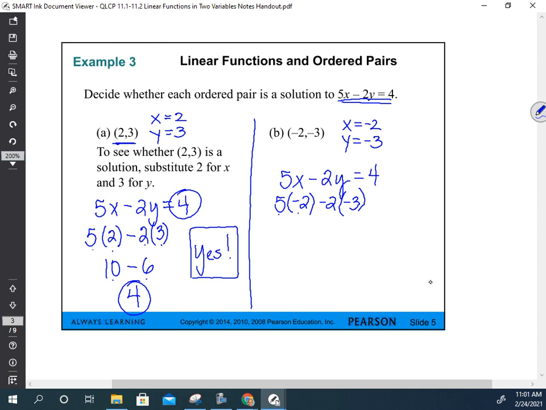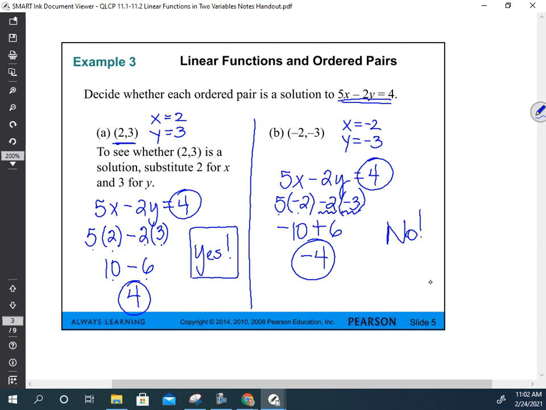What's 5 times -2? -10. So -2 times -3 is 6. So -10 plus 6 is -4.